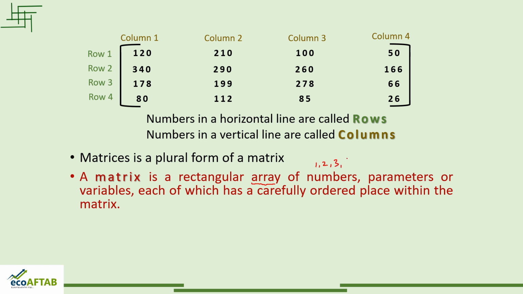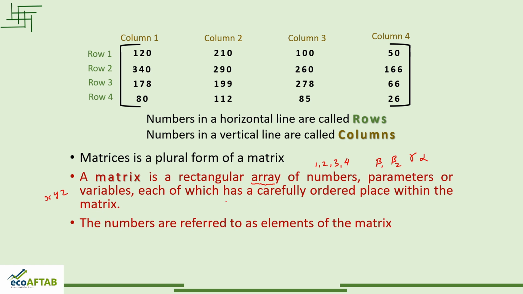It can be 1, 2, 3, 4, or parameters like beta 1, beta 2, gamma, alpha, etc., or variables like x, y, z, each of which has a carefully ordered place within the matrix. The numbers are referred to as elements of the matrix. So this 120 which is there in the matrix is an element. This way all the different numbers are called elements of the matrix.